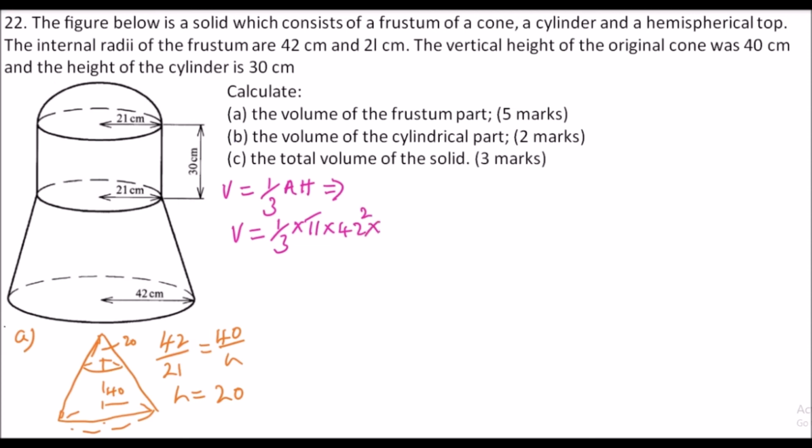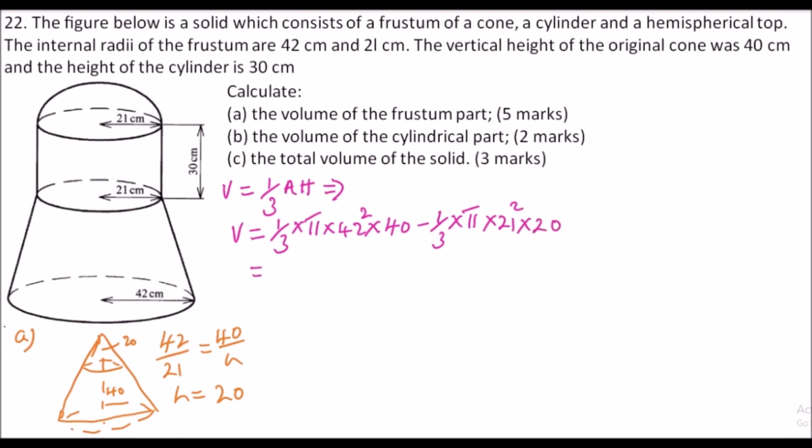You multiply by the height, which is 40, and then you minus the volume of the small cone, which is a third, multiplied by pi, multiplied by 21 squared, multiplied by the height, which is 20.